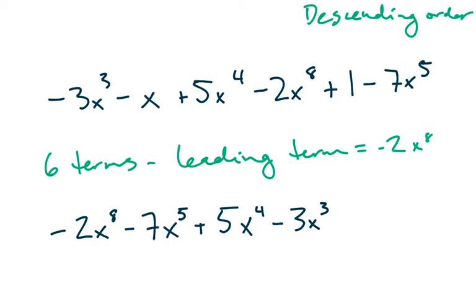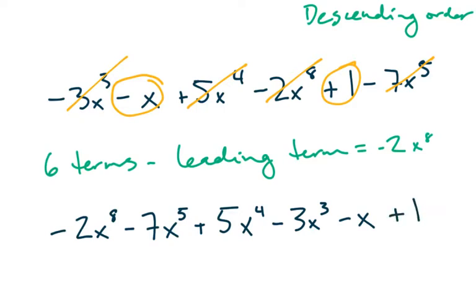And then let's see. So I've used this one, I've used this one, I've used this one, I've used this one. I'm down to minus x and plus 1. So the minus x is going to come next because remember it has a power of 1. We just don't write it. And then I'm going to write plus 1 last.